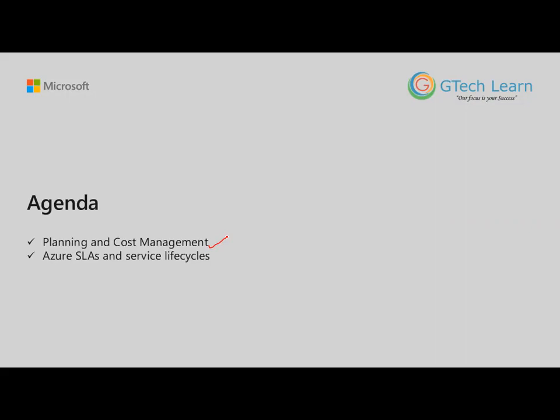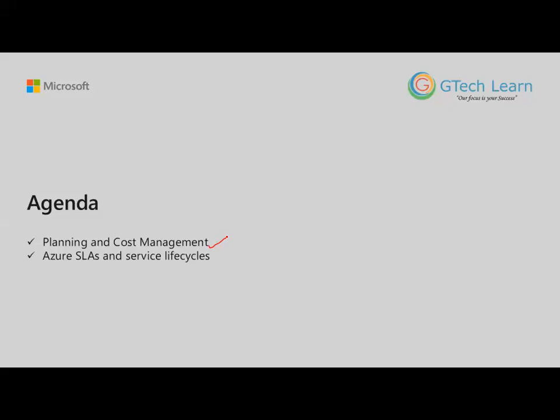We'll be discussing some tools like the Azure pricing calculator and the Azure TCO, the total cost of ownership. We'll be reviewing these two tools and see how they can help us with analyzing the total cost which might come across when we deploy our resources on Azure.